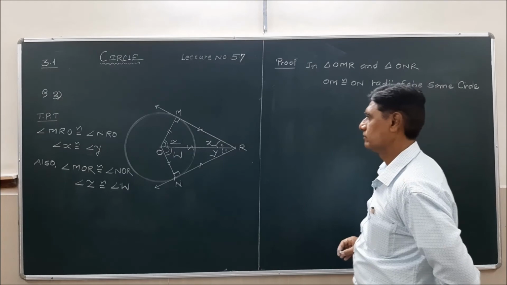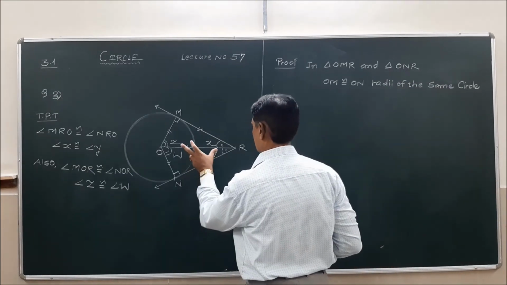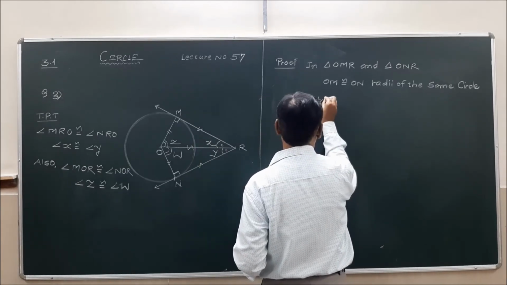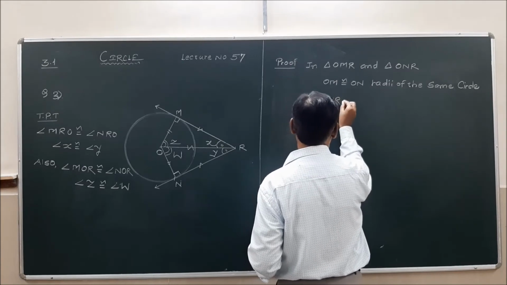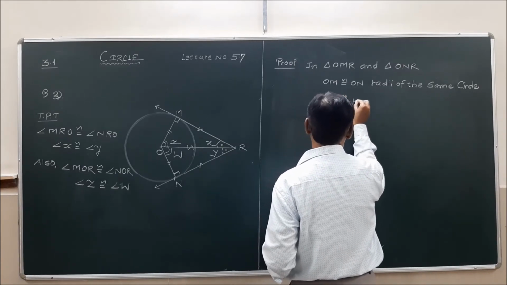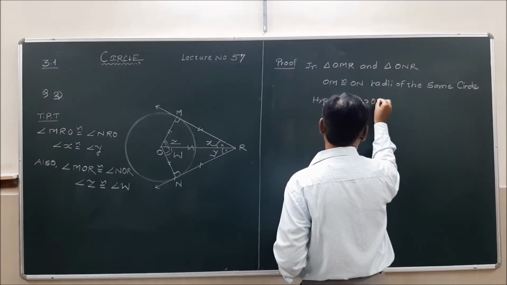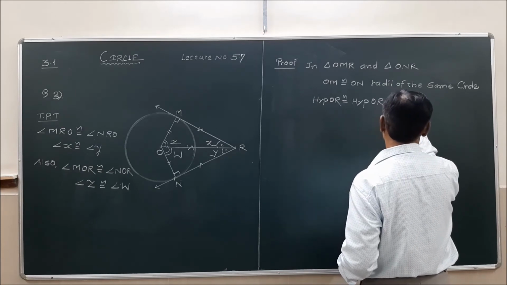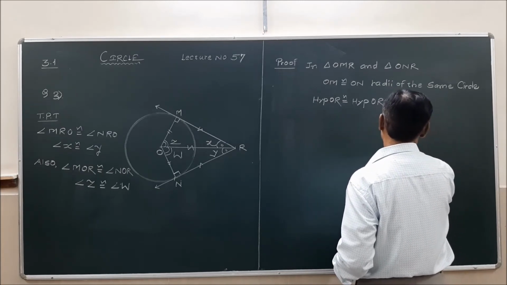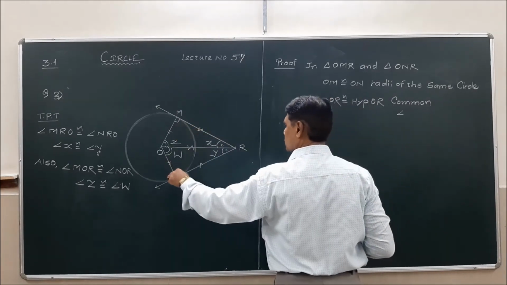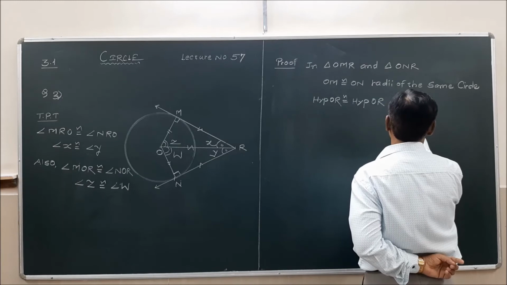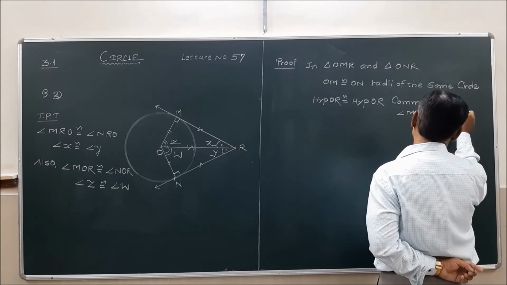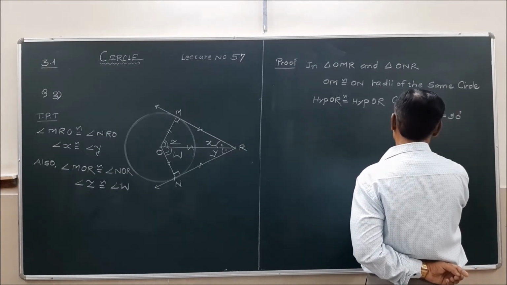Next point, hypotenuse OR is congruent to hypotenuse OR, that is common. Angle M is equal to angle N is equal to 90, tangent radius theorem.